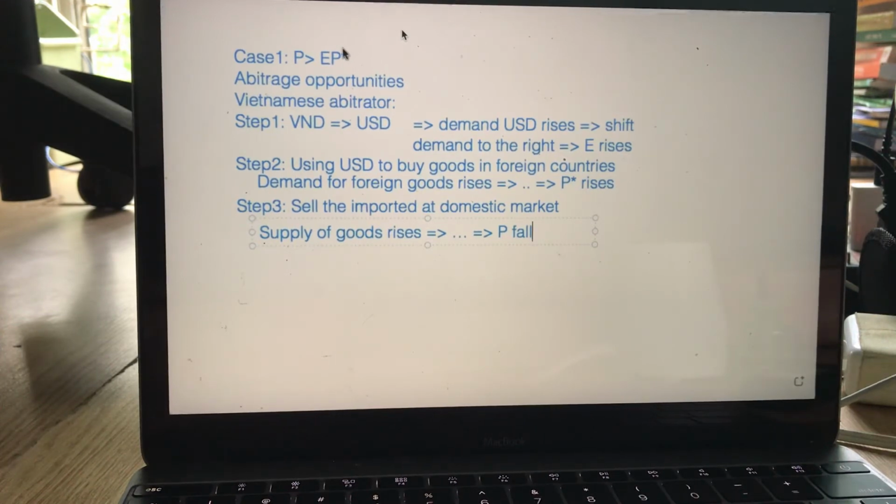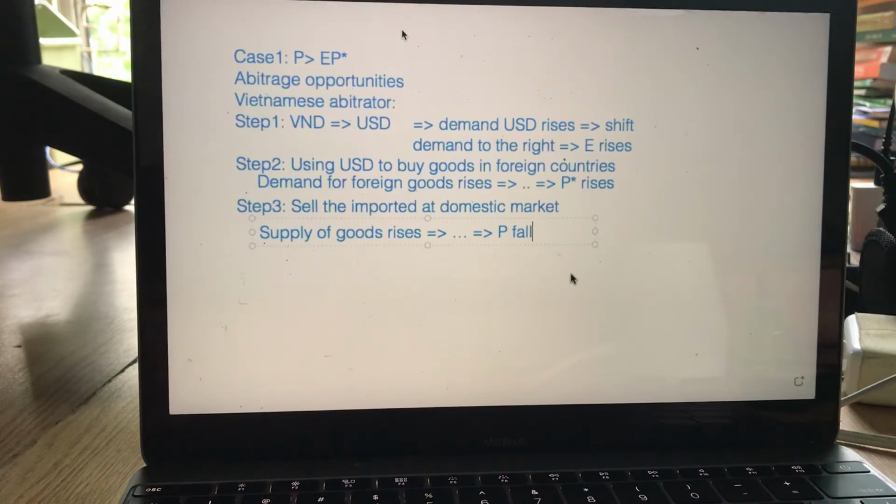And this arbitrage business continues to happen until we have the equal sign, until P equals EP star. Finally, the law of one price holds. Okay, and that's the mechanism we use to analyze here.